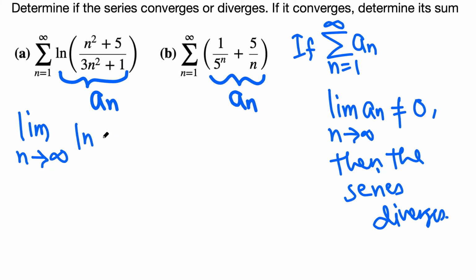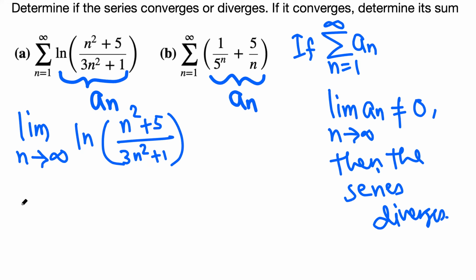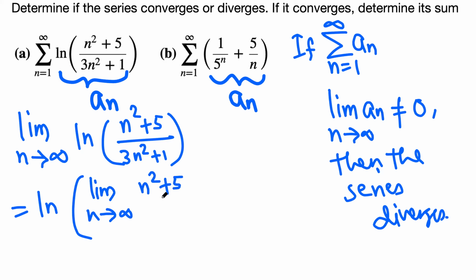The limit of n squared plus 5 over 3n squared plus 1. When we want to find this limit, natural log of something, we can take the limit inside. So natural log of the limit as n goes to infinity of n squared plus 5 over 3n squared plus 1.